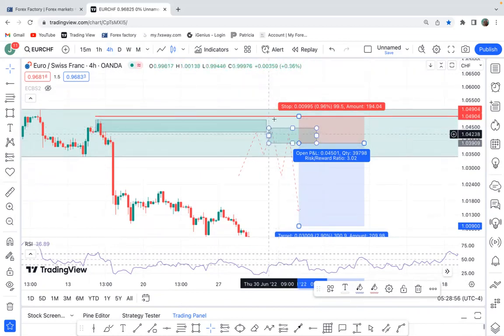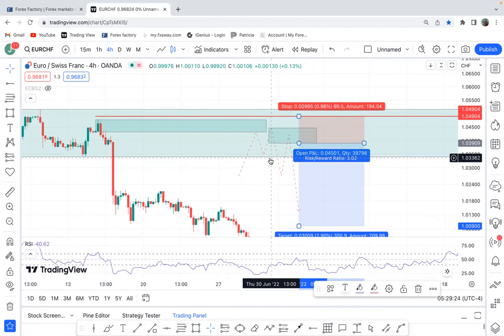Most of the time, price may just tap into the order block and then drop, and may not give you a change of character, but most of the time it does give you a change of character. So you just do your back testing and stick to the one that works best for you. The market will not always give you opportunities, but when it does, you take your profit and you run.